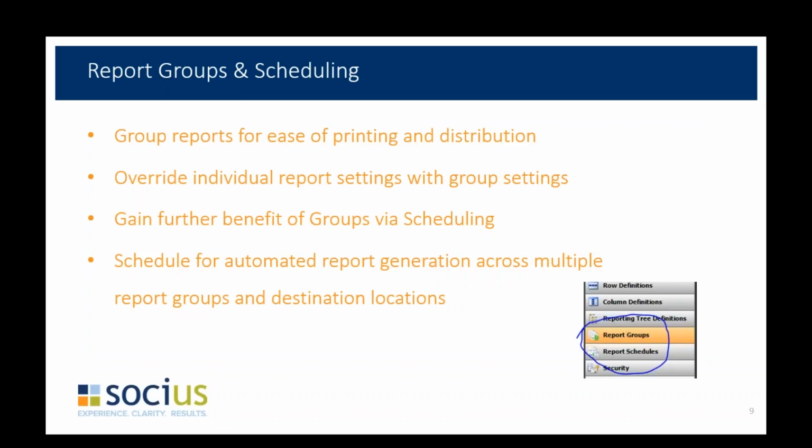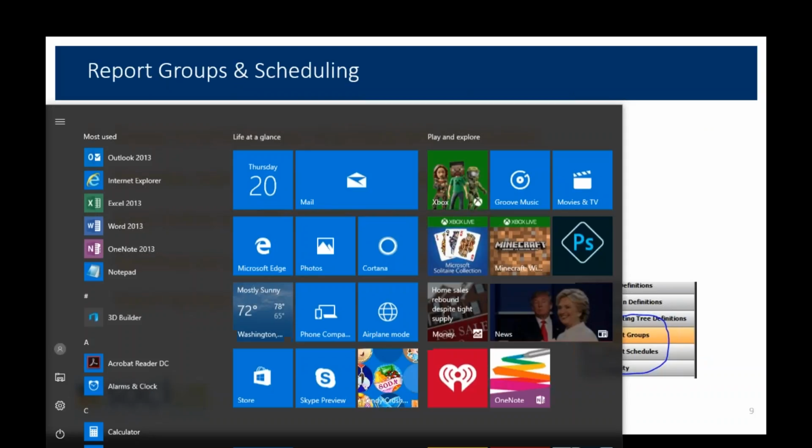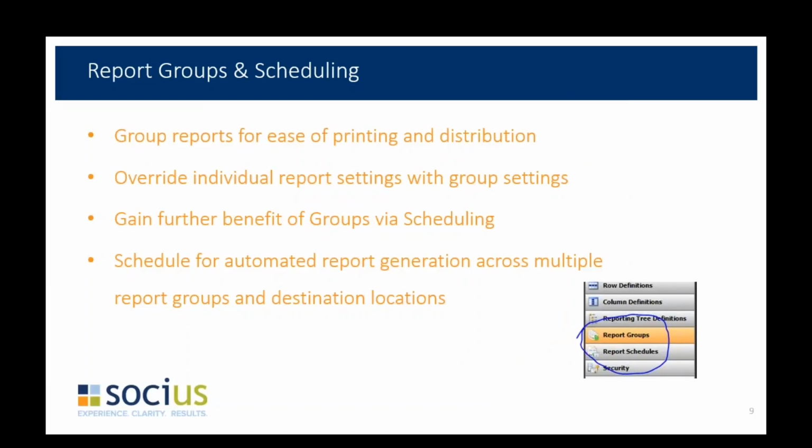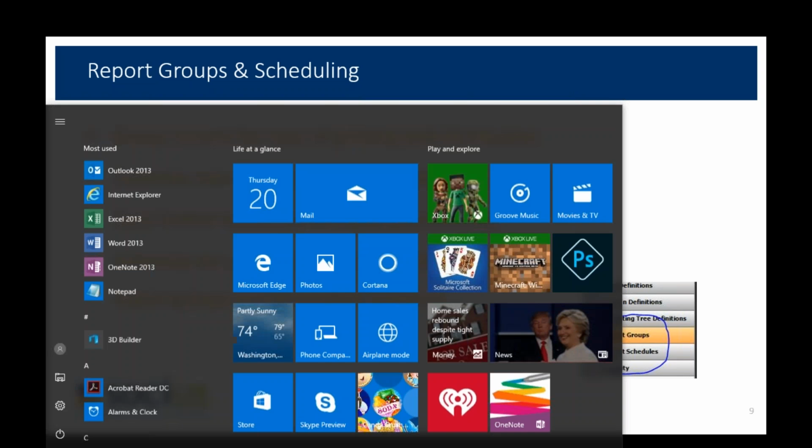All right, so we're going to move on to report groups and scheduling. And we're going to talk about how to create report groups, how to schedule individual reports or report groups, and how we can make sure that all the settings in the report group are the same for all reports.